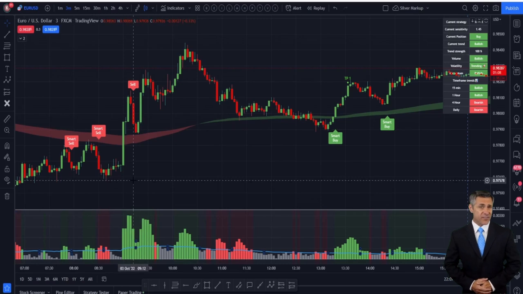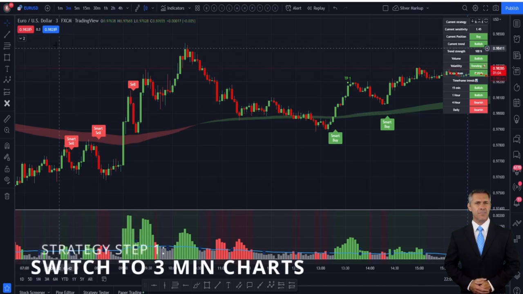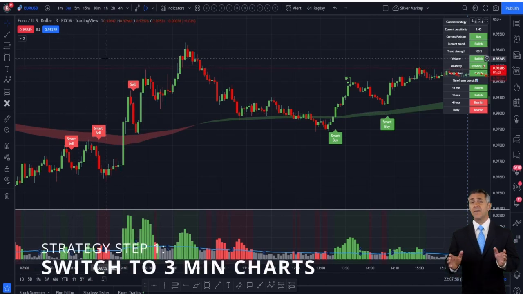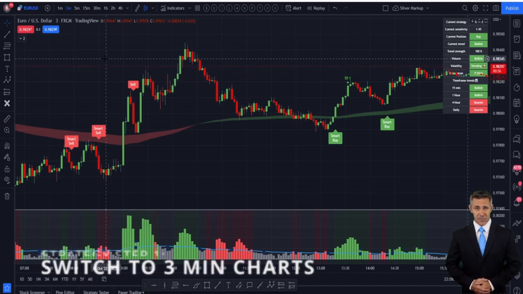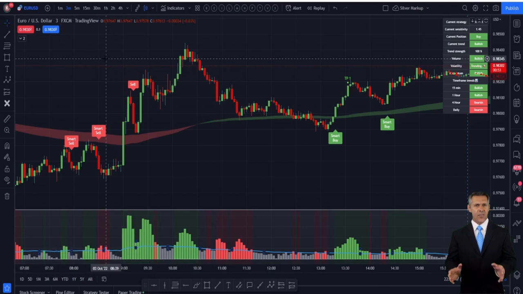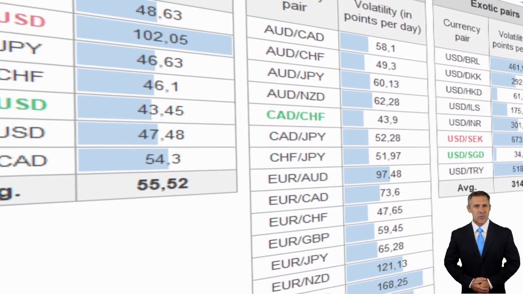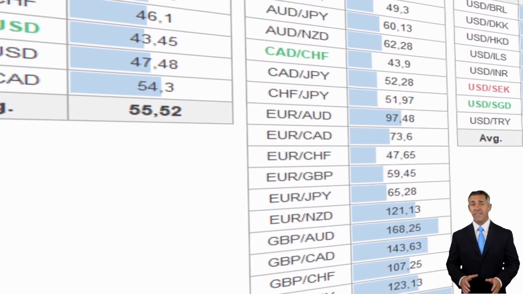The first step is making sure that you have the 3-minute time frame selected. You can use pairs from the US dollar, you can use pairs on GBP, pairs and Euro pairs. Those are the three combinations of pairs that I would focus on. As long as it had one of those combinations, then I would trade that pair.